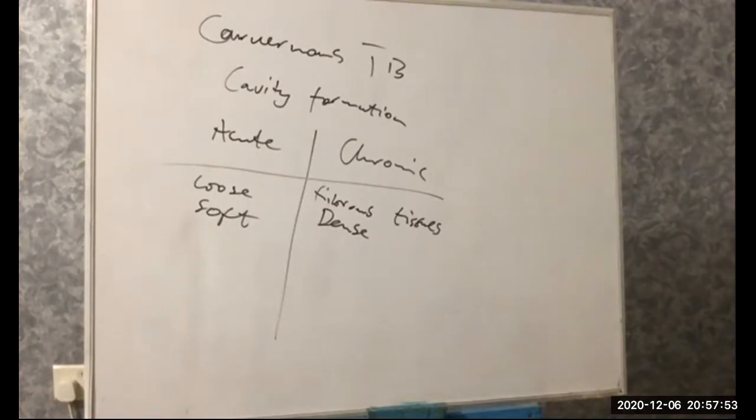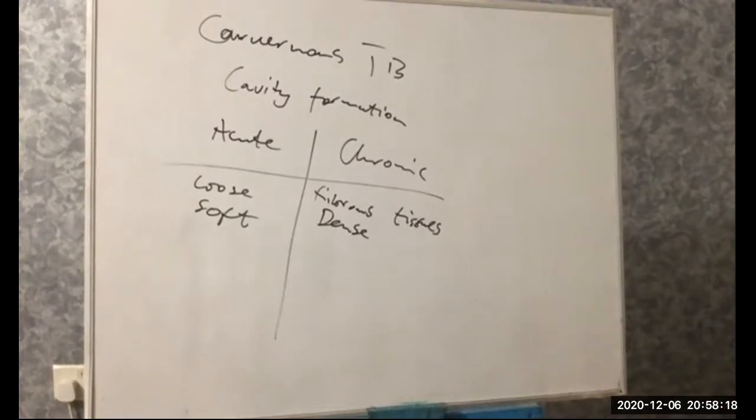Does anybody have any question here? So you see cavity, you think of cavernous tuberculosis. Then they will describe the edges. Look for dense fibrous connective tissue if you are thinking of chronic cavernous. But if there is no dense connective tissue, think of it as acute.